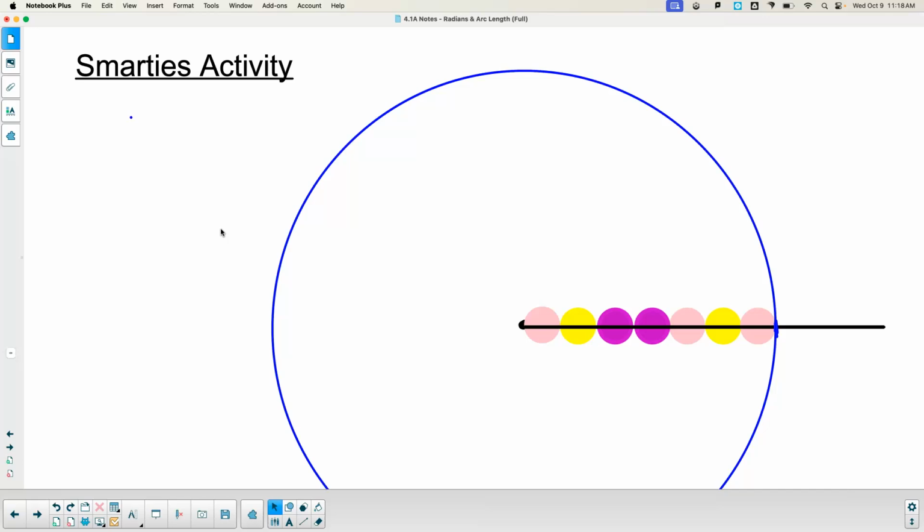Now, starting at your intersection point of your circle and your radius, I want you to put your Smarties along the circle.